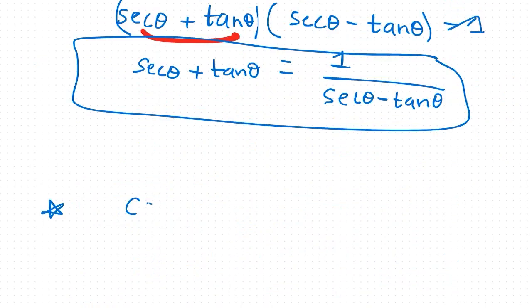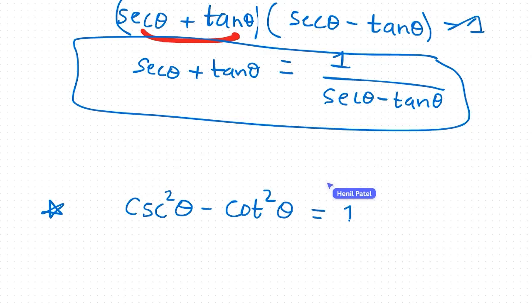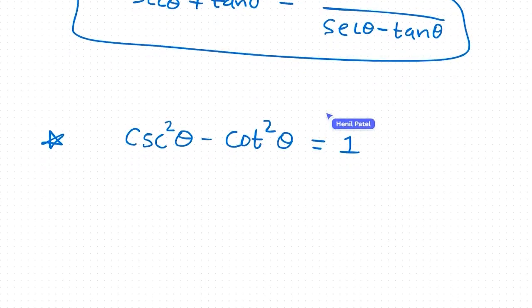The third formula is cosec square theta minus cot square theta equals 1. This is also in the pattern of a square minus b square, so everything will be the same, just with cosec and cot.